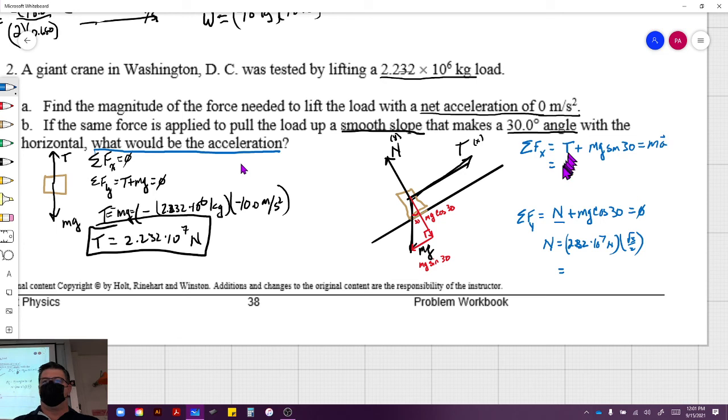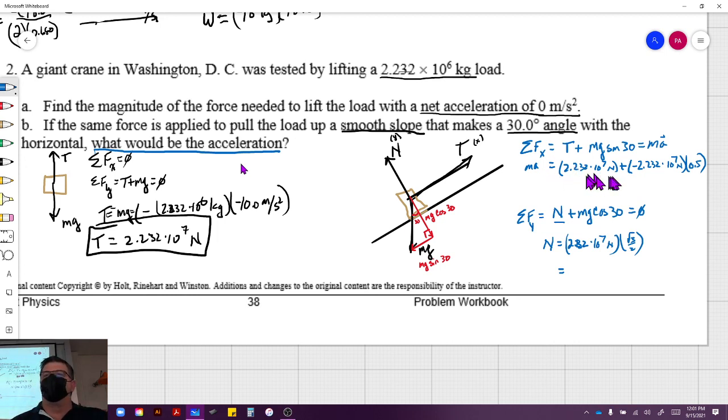So our tension, we found that for E4, it's this 2.232 times 10 to the 7th newtons plus a negative 2.232 times 10 to the 7th newtons times sine 30, which is actually 0.5. And all that is going to equal mass times acceleration.